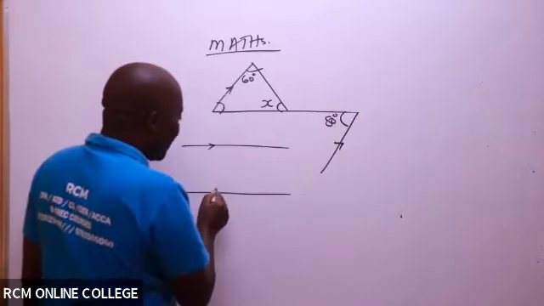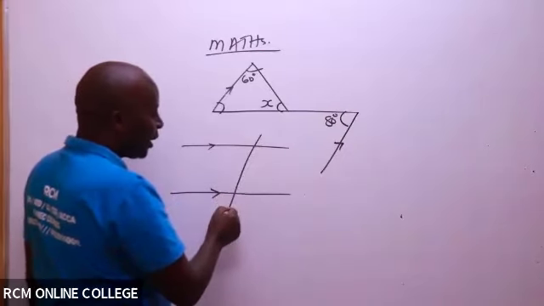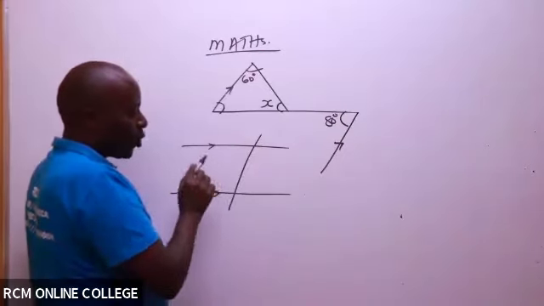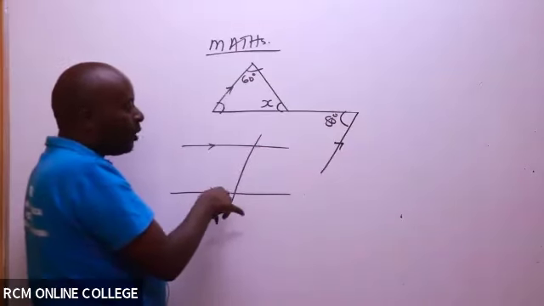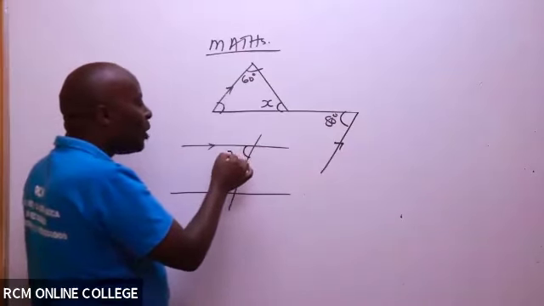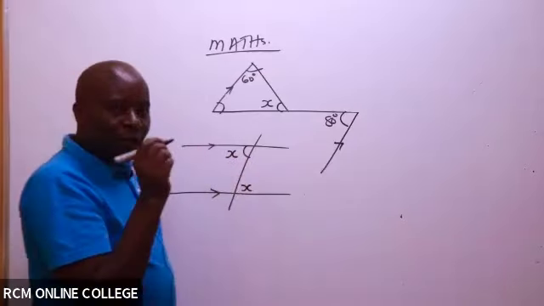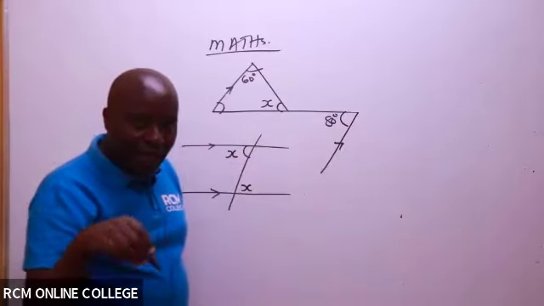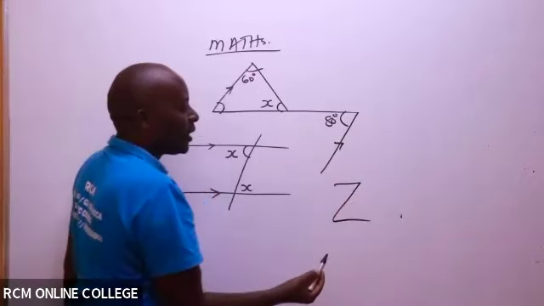If you have this line and this line being parallel, and a transversal, a line that is cutting across the two, for you to identify alternate angles, always look for the Z kind of a figure. You see how Z looks like this.